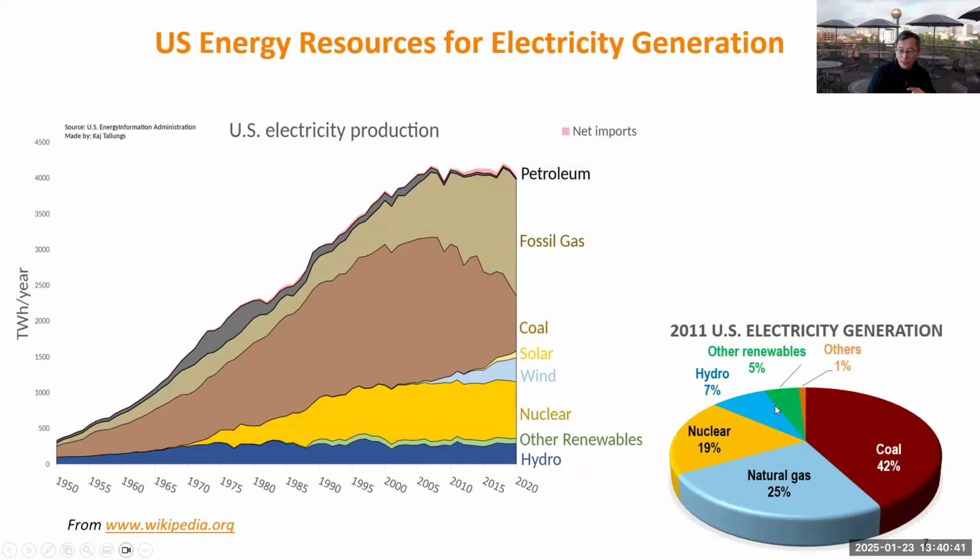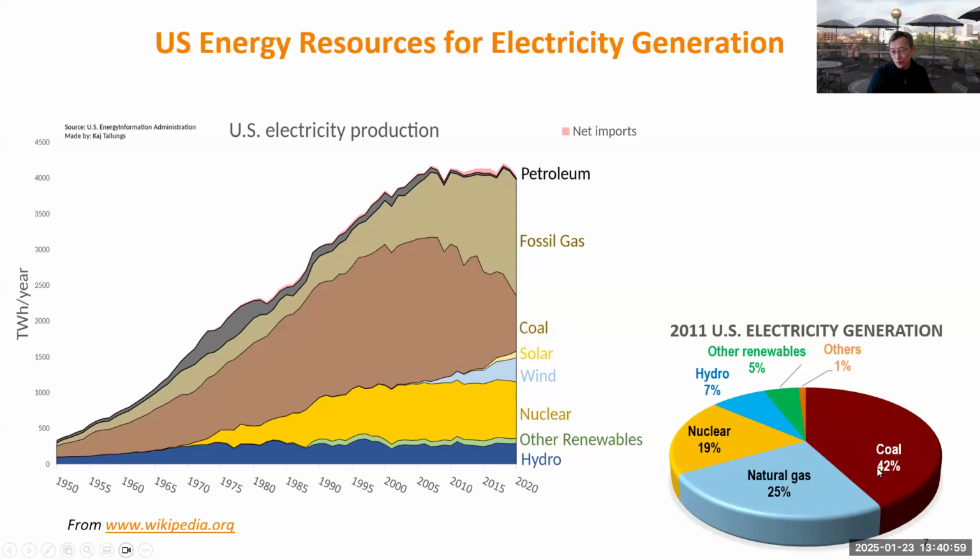This pie chart is the first pie chart I used when I taught this 522 course the first time, back in 2012. At that time, the coal-fired power plant was the number one electricity generation resource.